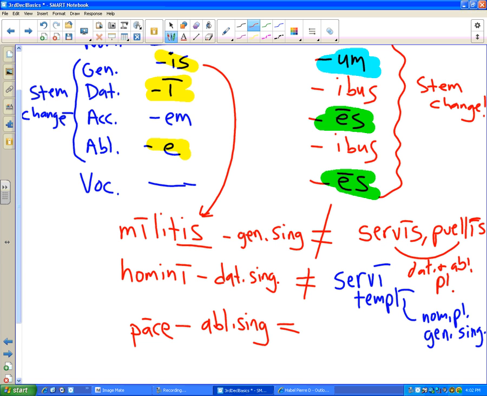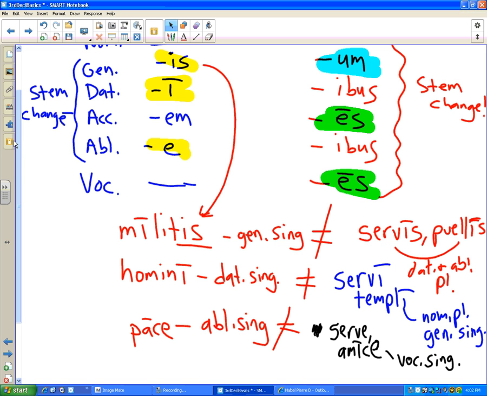It is not the same thing as the vocative singular, the ending short e on say serve or amice, where such a form would be in the vocative singular. Okay, all right. So that covers some of the potential confuzzlements of the third declension singular endings.